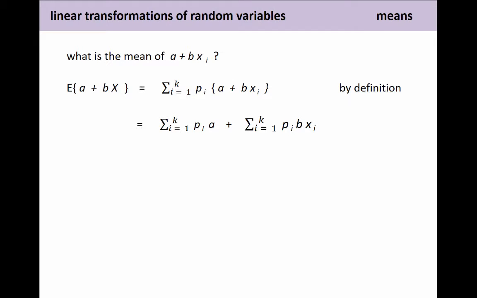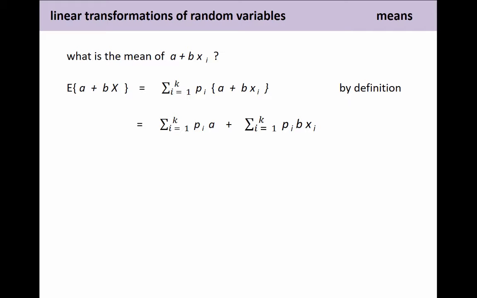By the algebra of summation, we can break apart the term a plus bxi into its two components, and then we can write the sum as the sum of p sub i times a plus the sum of p sub i times bxi. It's just the good old distributive law at work here.